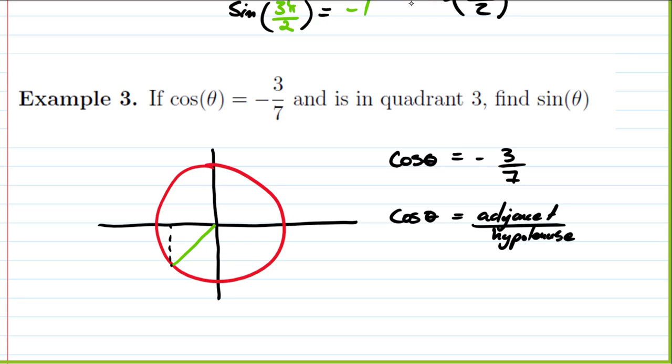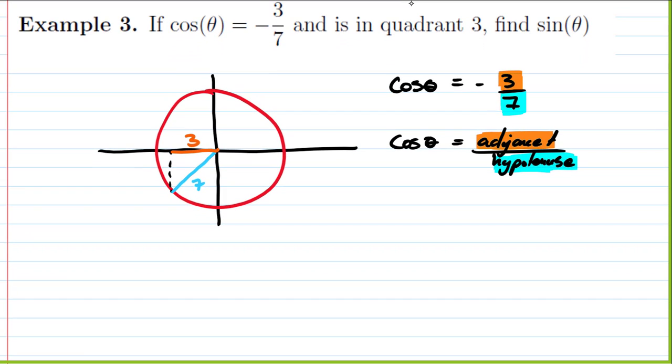So then that informs us that the adjacent side must measure 3 and that the hypotenuse must measure 7. So on this circle, the hypotenuse is going to have measure 7, and the adjacent side is going to have measure 3.